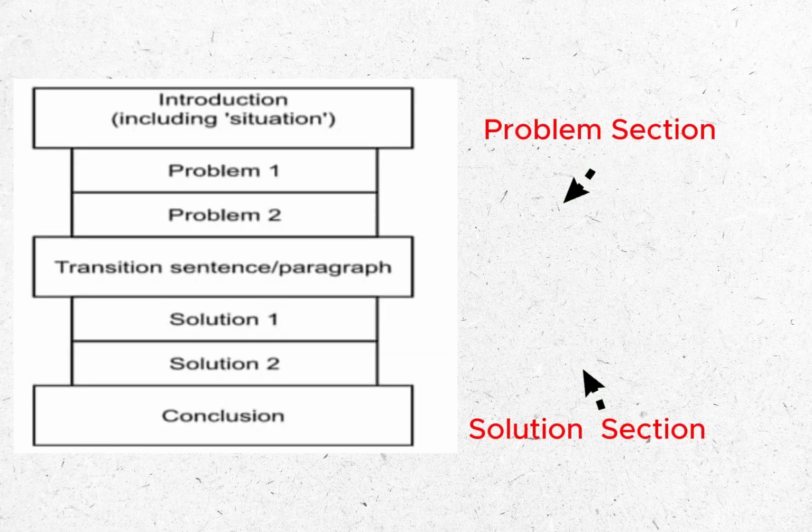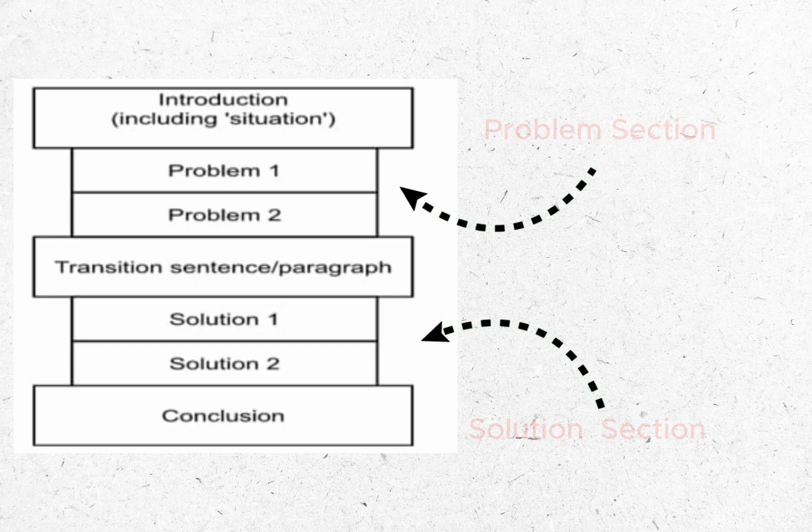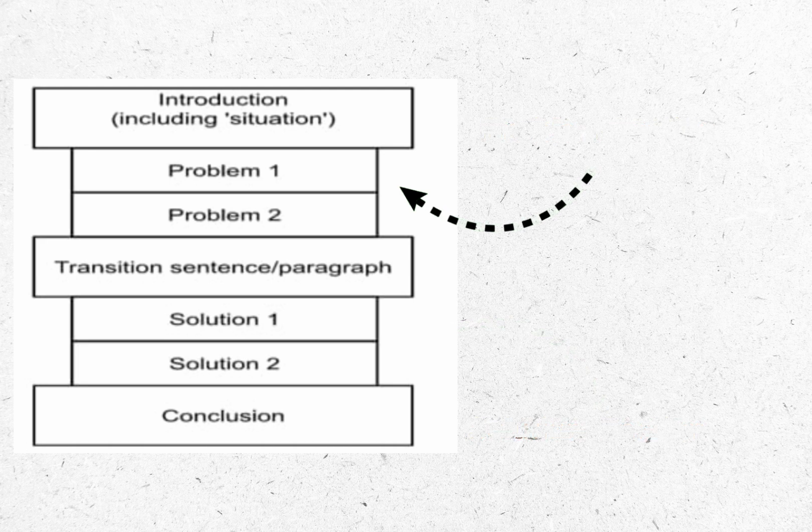And then, we start solving it with a solution, whether it's just one or more, and end with a conclusion or emphasis. It should be remembered that in structure 1, we have to divide into 2 stages, namely a special discussion of the problem and a special stage for discussing the solution.